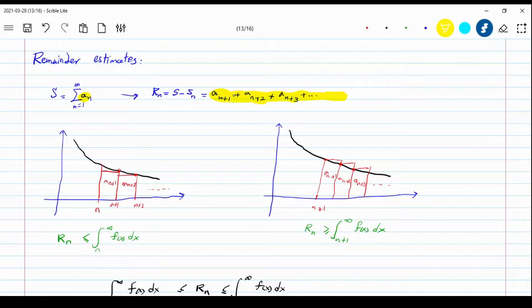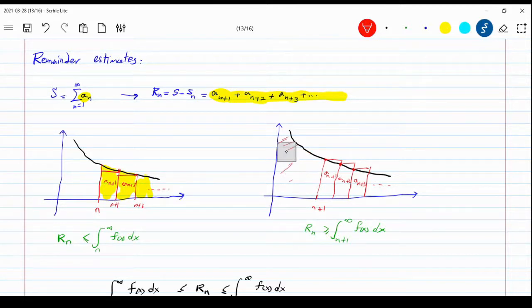It's not going to be exact, but it's a good approximation because these rectangles turn out to be quite close to the function. So the areas would be quite close to each other after a while. Maybe in the beginning there's a big gap, and that area doesn't really match this square.